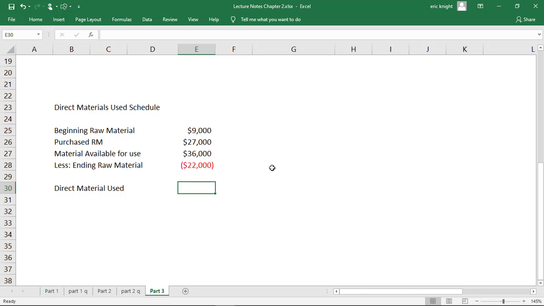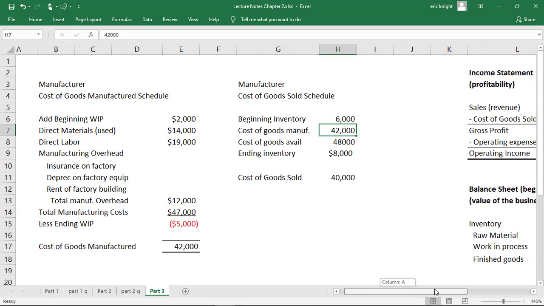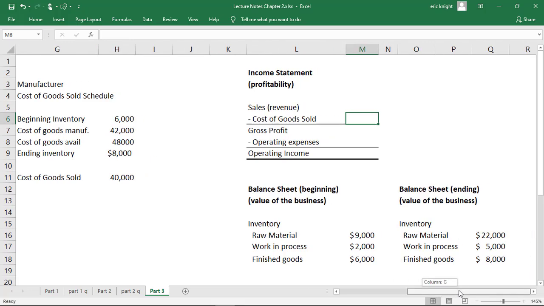You want to know what you used. Well, that gives me the $14,000, and that's where I got the $14,000 that we used up here to get the cost of goods manufactured that we used over here to get the cost of goods sold, right, that we'll use over here. If we had the rest of this information, we could actually come up with a profitability.